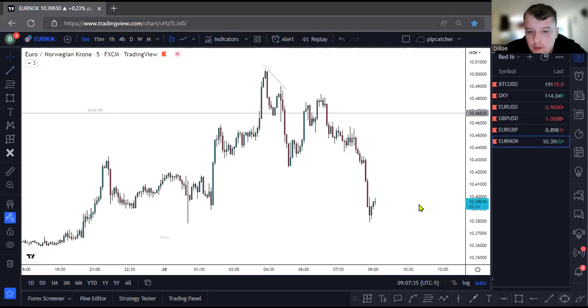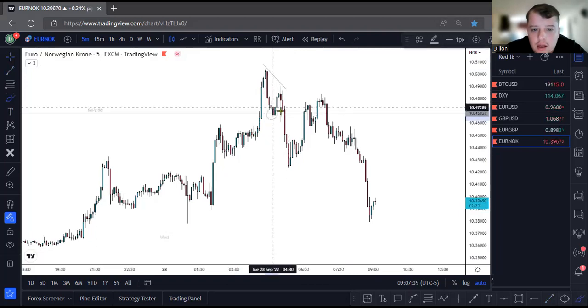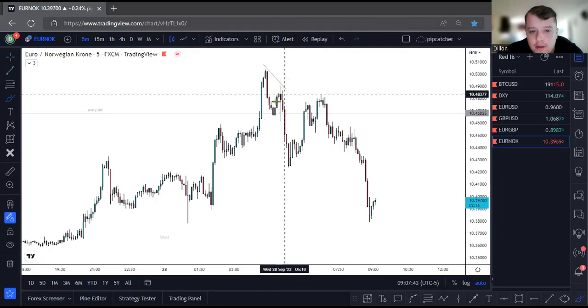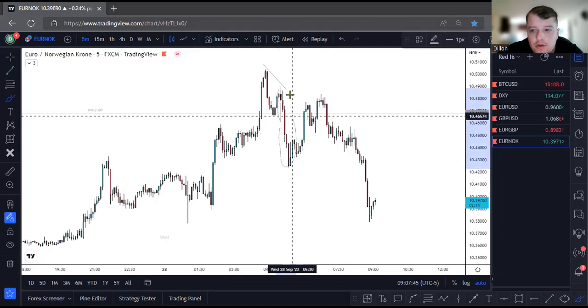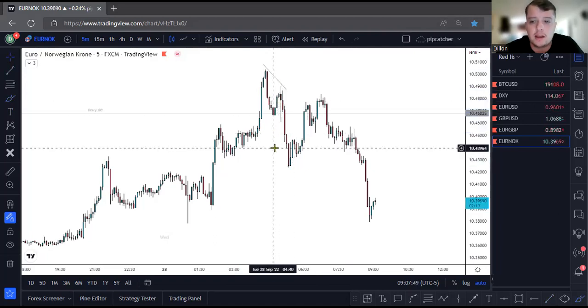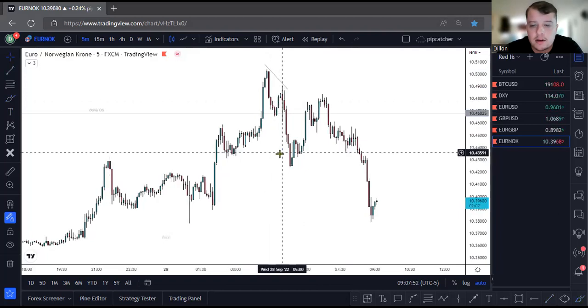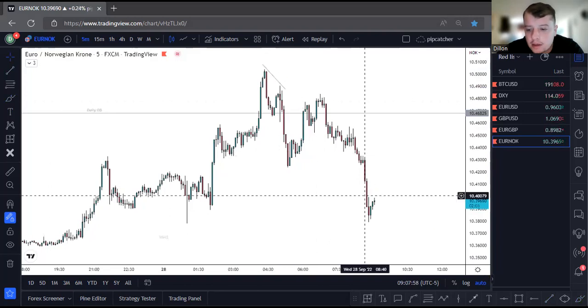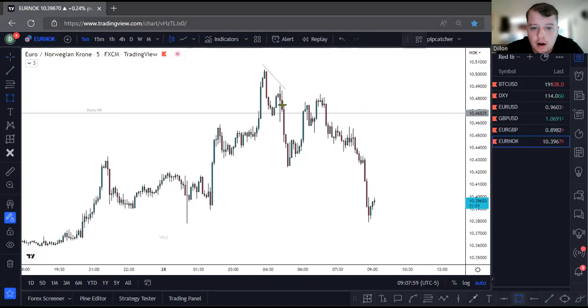Now, if we see where minor structure right here had gotten broken, with this quick push to the downside, we should be thinking now that there should be some bearish order flow taking place in this setup here. So what did I wait for when price broke this structure?